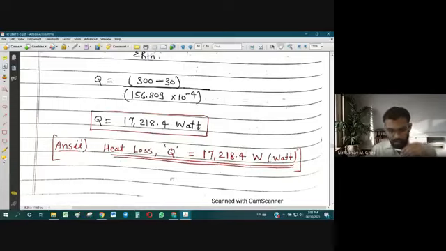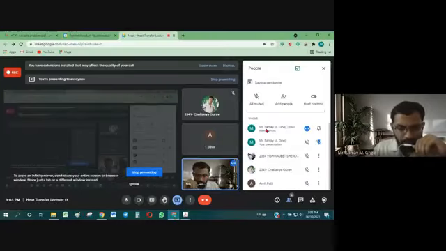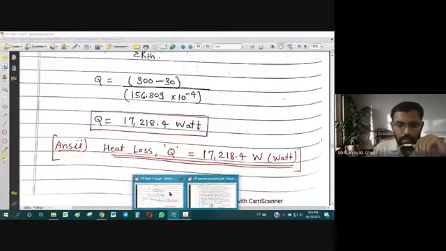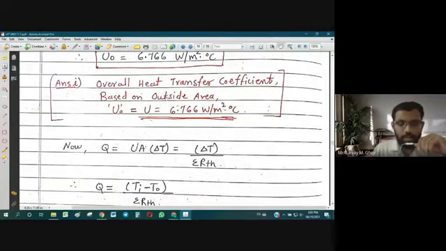Okay, I think okay. So we covered two problems, and recently we covered the case of composite hollow cylinder, that is composite hollow pipe.